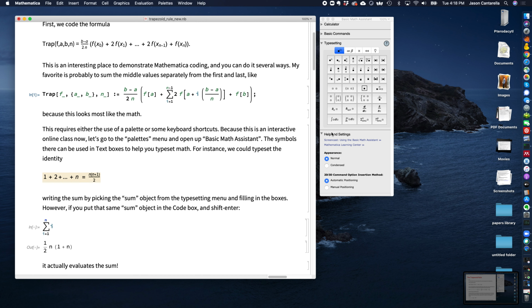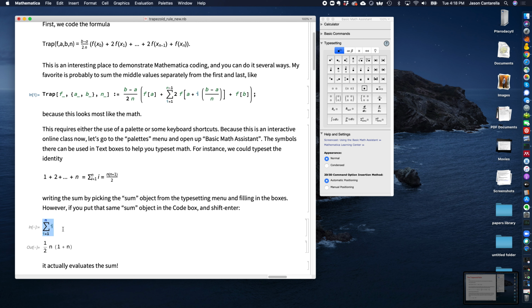Then I can write this by clicking on the sum box, and I can use tab or click to get around to these boxes, and write i equals 1 to n, i, and then put in an equal sign here, and it looks nicer. Again, just like equation editor in Word.